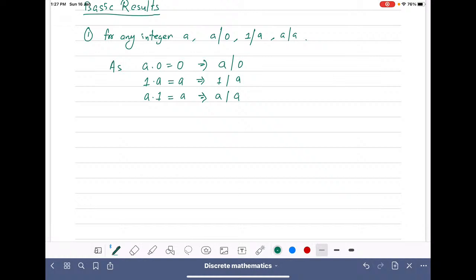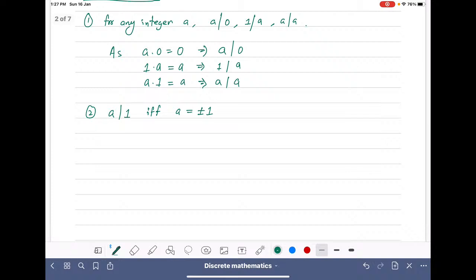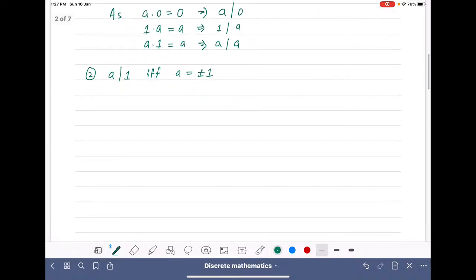Now we also know any number which divides 1 is plus or minus 1. If a divides 1, then a is equal to plus or minus 1, and conversely. How to prove this one?